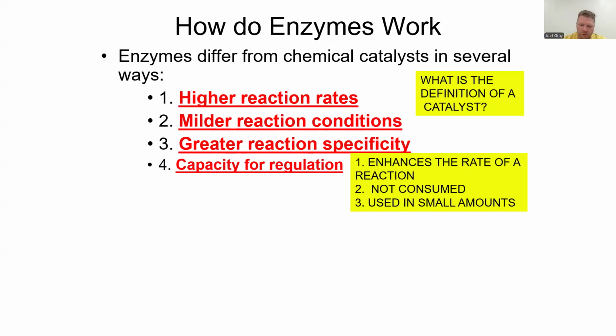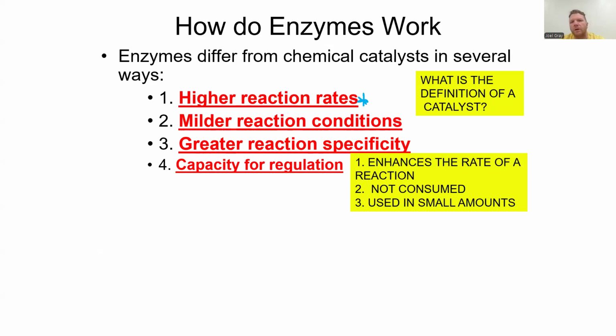If you think about a catalyst as something that speeds up a reaction, well, an enzyme does it even better and even faster. In addition to that, we have much milder reaction conditions, greater reaction specificity, and the capacity for regulation.